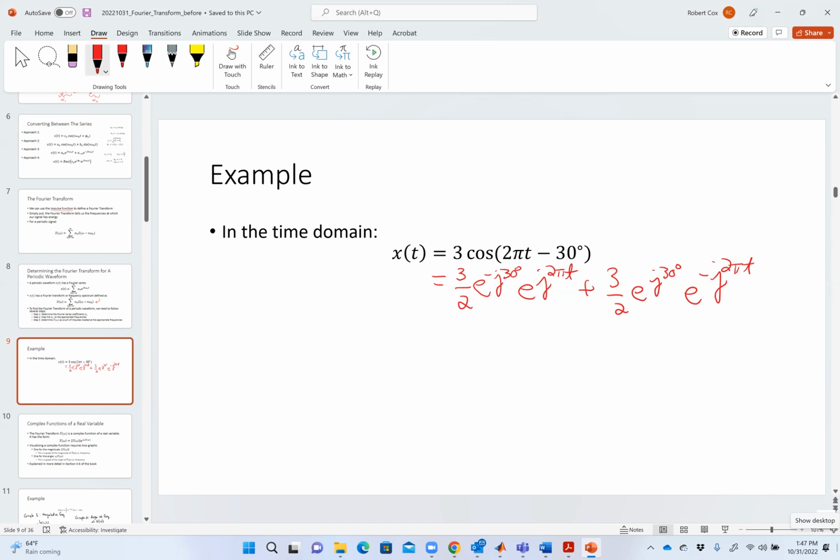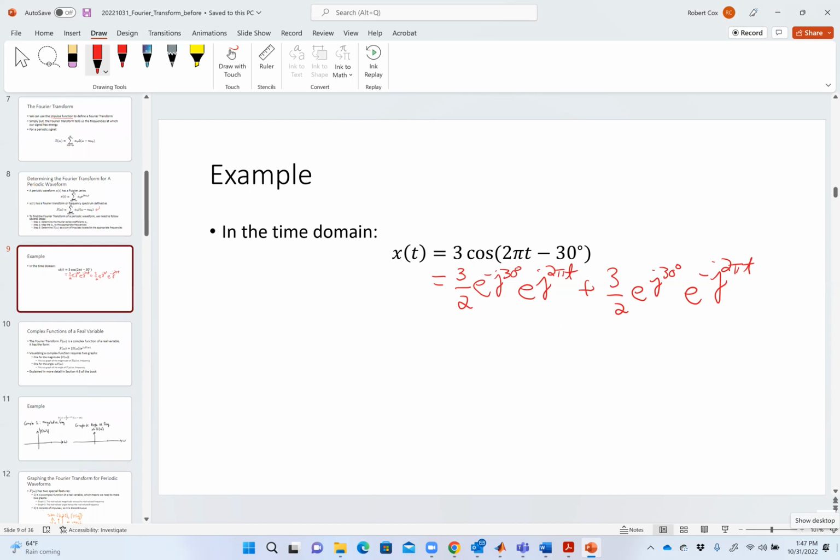So at what frequencies is there information here? 1 hertz, right? And if I'm talking about it in omega, what values of omega do I have information? 2 pi and negative 2 pi. All right. Do I have anything anywhere else? No, I don't.